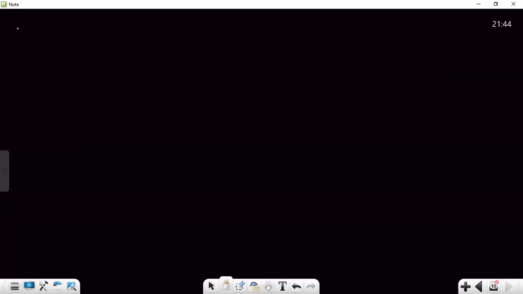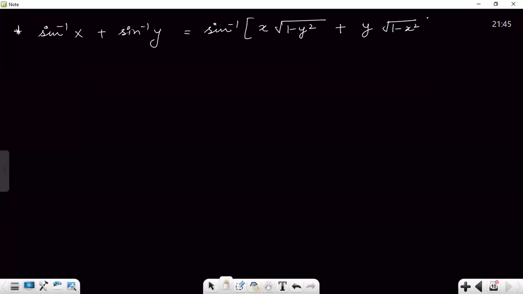I'll just write them together, like sine inverse of x plus sine inverse of y is equal to, now this time we are not writing x plus y. We are writing sine inverse of x plus sine inverse of y. This will be equal to sine inverse of x into square root of 1 minus y square plus y into square root of 1 minus x square. So this is for the plus sign.